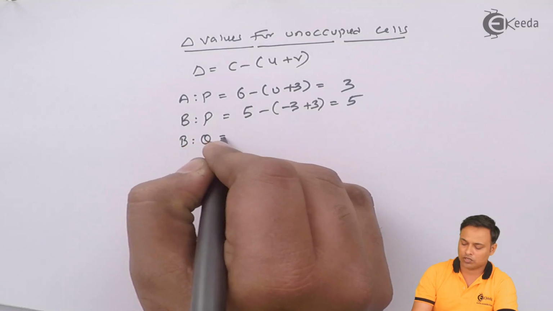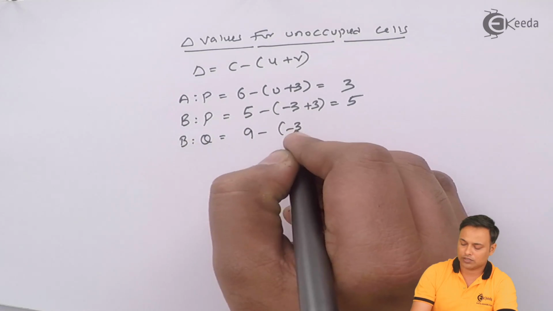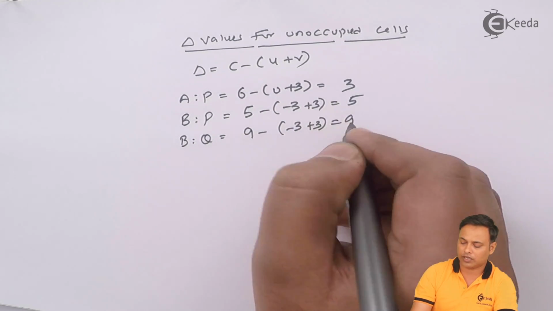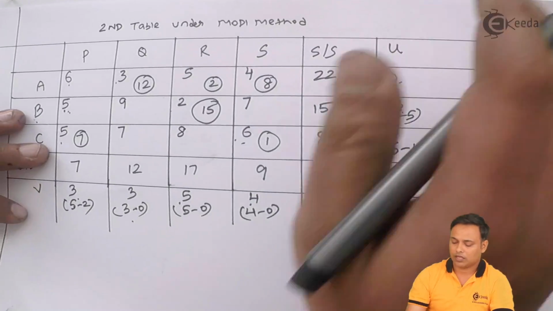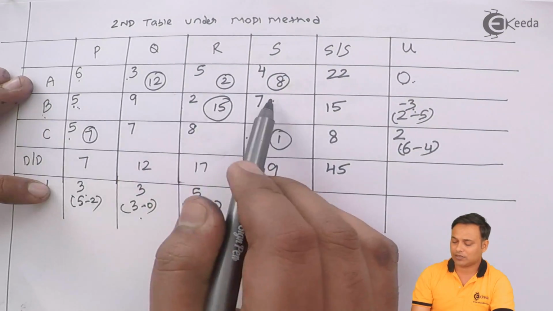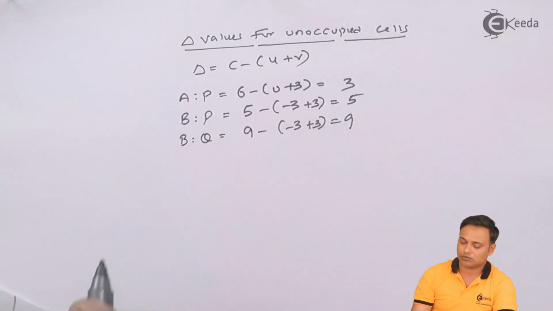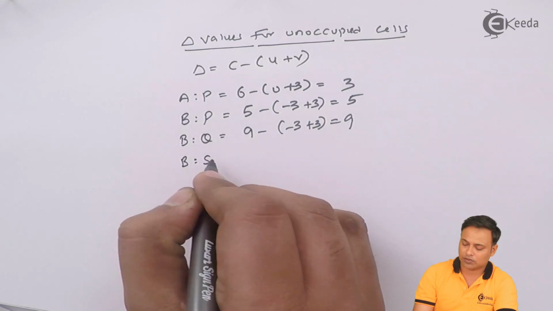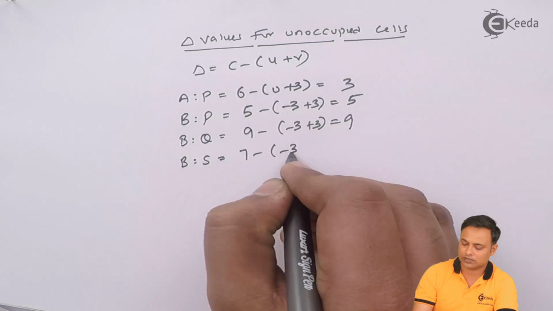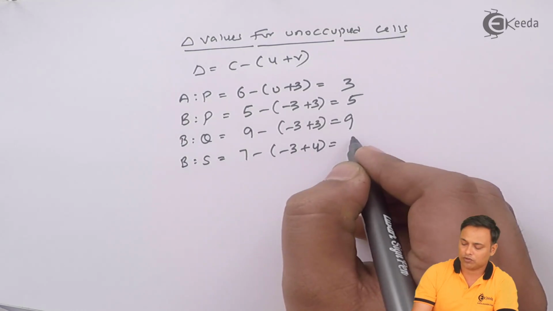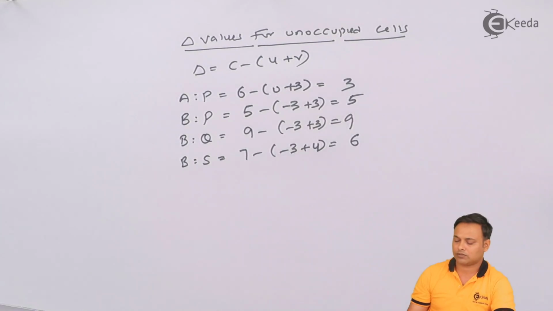For BQ, cost is 9 minus 3 plus 3, again a 9. At BS, cost is 7. 7 minus 3 plus 4, which comes to 6.